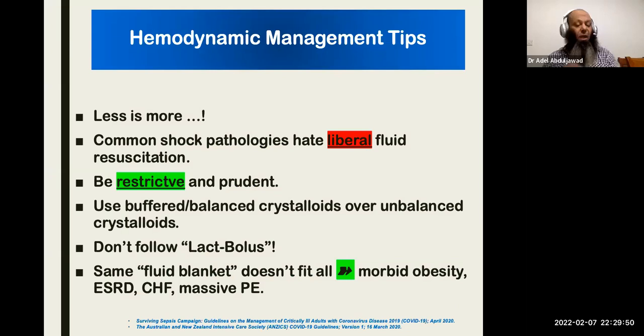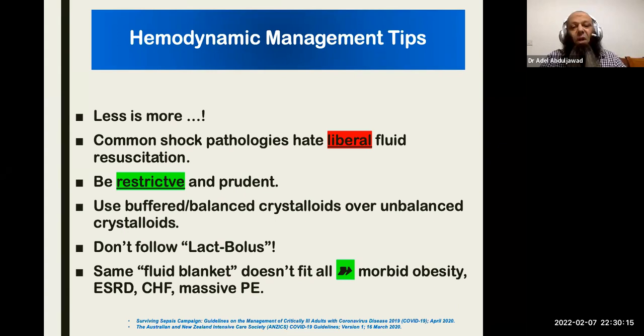Now we are coming to conclude about the hemodynamic tips. Remember, it's a very important paradigm right now in the ICU, which is less is more. If you have the tool that can tell you the answer, with the criteria and prerequisites we put, then you apply less is more. This is a paradigm shift nowadays in ICU.